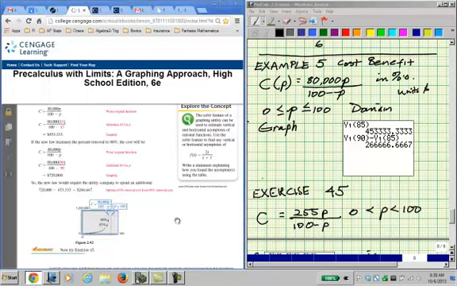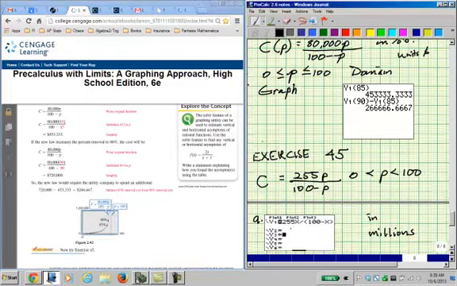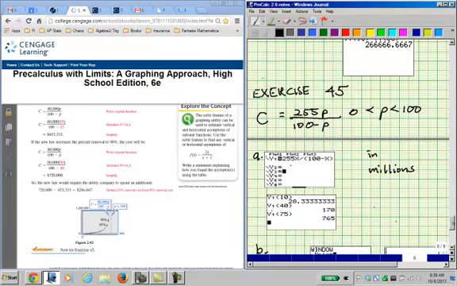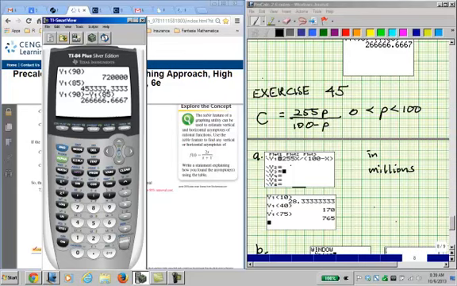So now going back to problem 45 here, I pretty much did the same thing. They wanted to know 10%, 40%, and 75, and I just used the y1 function.